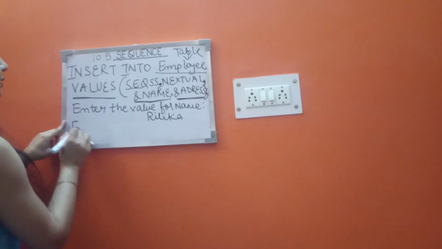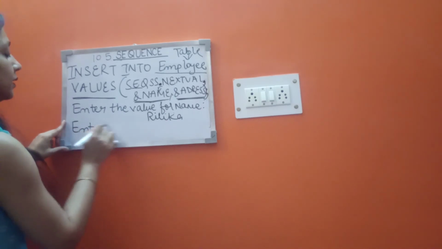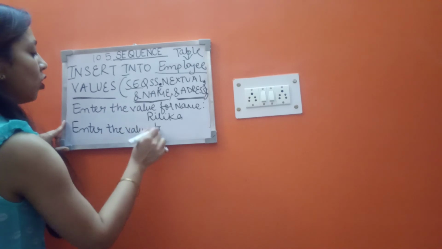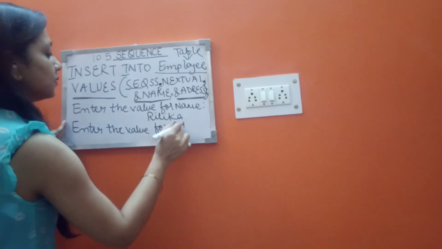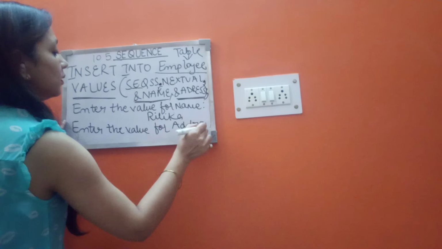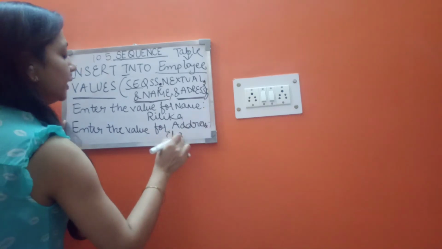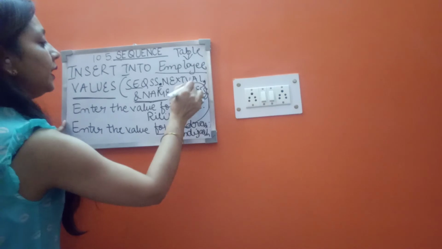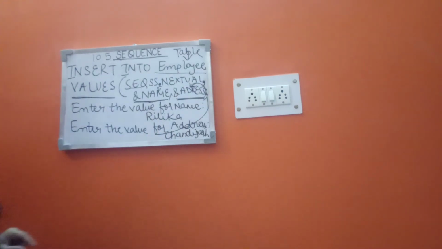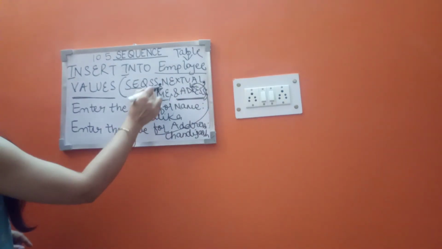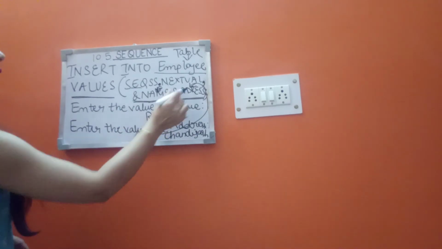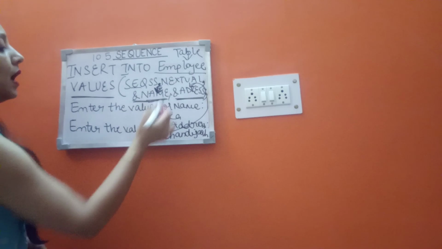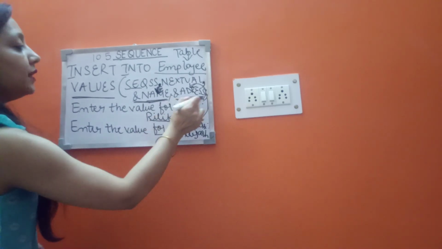Then the next thing it will ask you is enter the value for address. The moment you write the address like Chandigarh, this value Chandigarh will be stored in the address variable, and the name Ritika will be stored in the name variable.